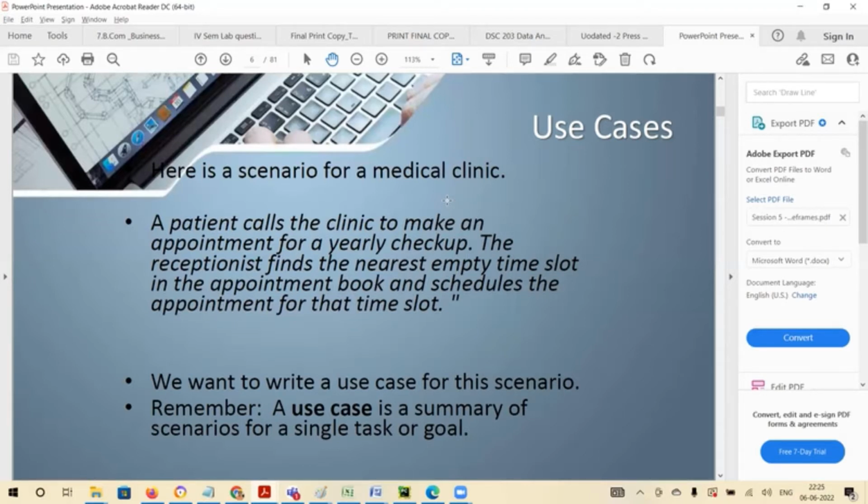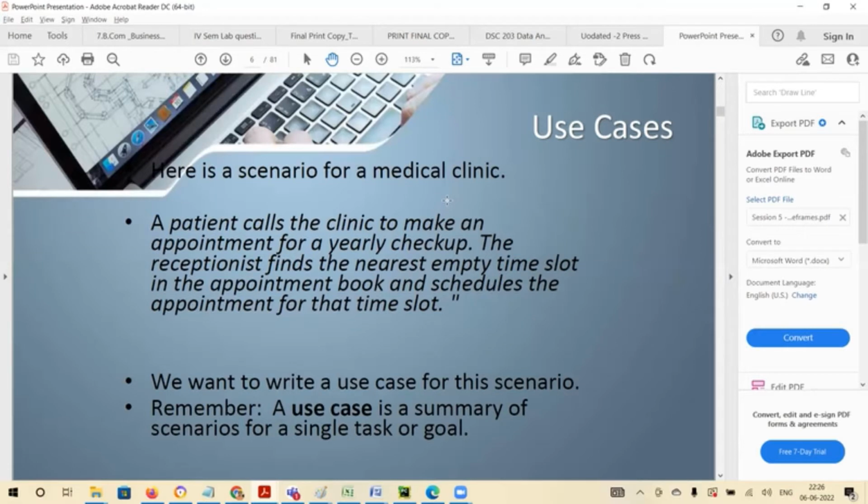What is the entry point or trigger point? We also call it the condition that will kickstart the scenario. What is the entry condition? Here, it is when someone calls the reception and asks for an appointment.